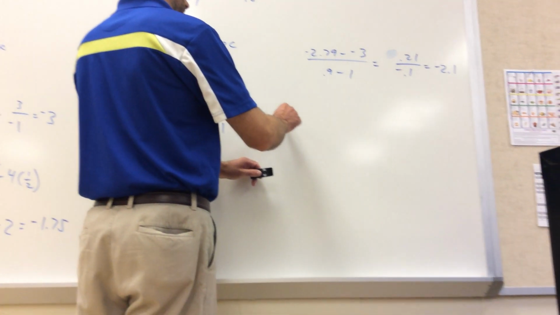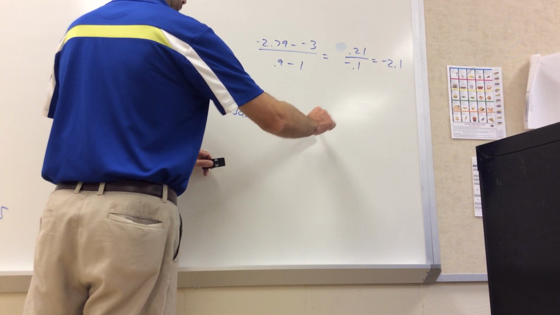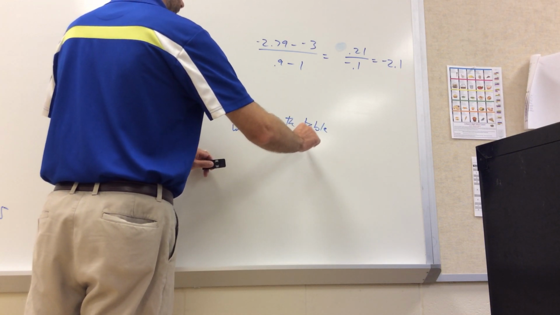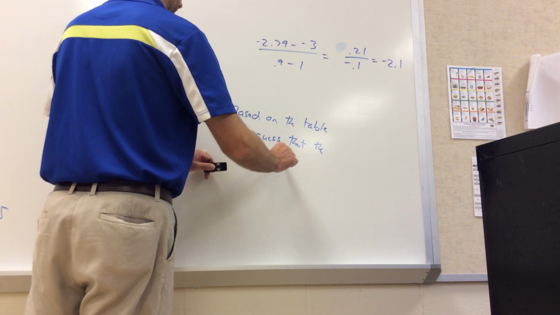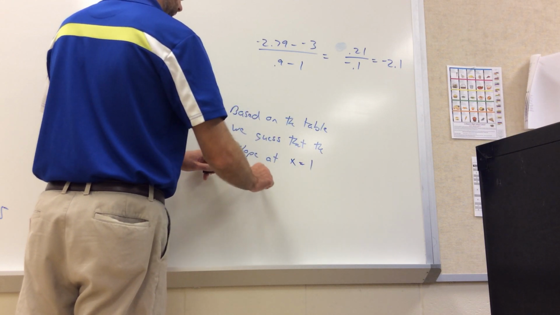Okay, so based on the table, we guess that the slope at 1 is negative 2.